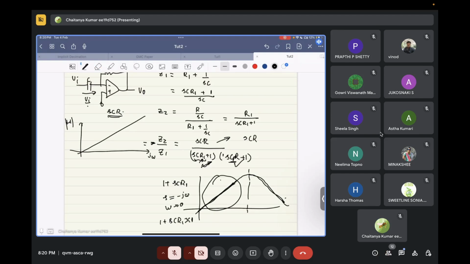But as these two poles become active, it will start falling, right? At very high frequencies, if omega or S is going to infinity, SCR1 plus 1 will almost be equal to SCR1, and similarly SC1R plus 1 will almost be equal to SC1R.